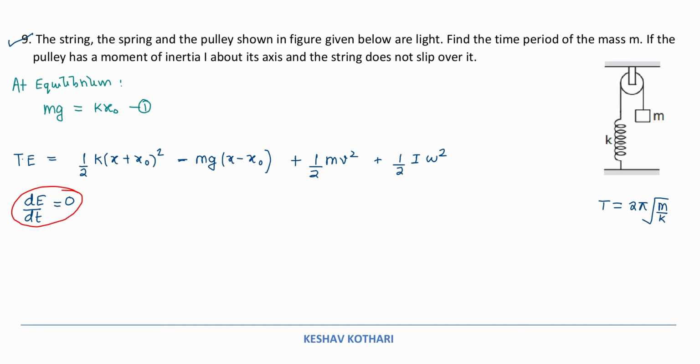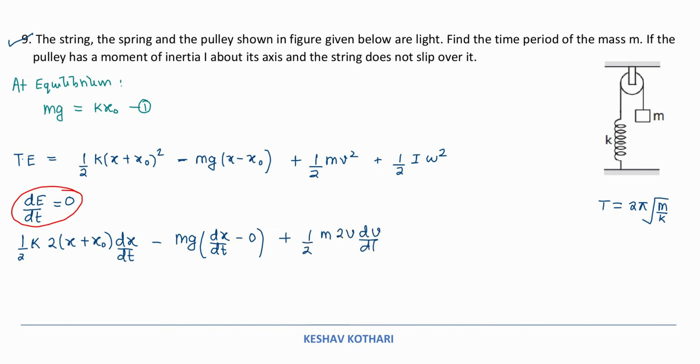If I start differentiating each term, we can write it in this way: half k twice of x plus x naught dx by dt, minus mg dx by dt, minus 0, plus half m 2v dv by dt, plus half I 2 omega d omega by dt, which is equated to 0.